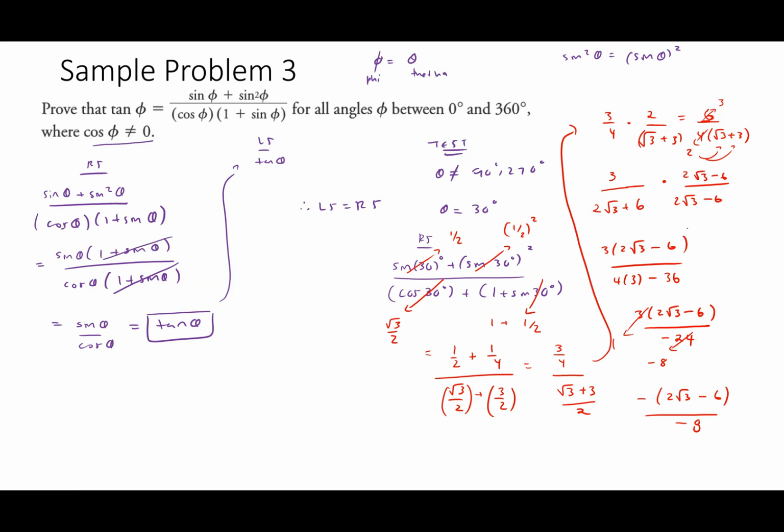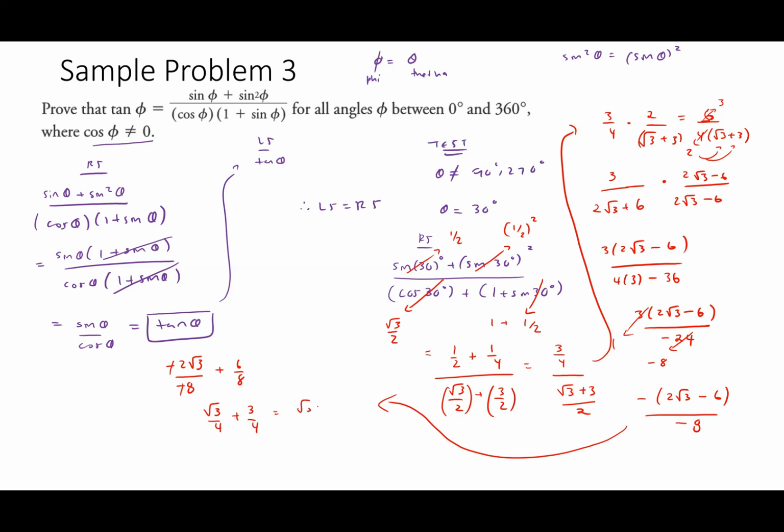Well, mistakes do happen. So I think this was 2 square root 3 minus 6. Looks good so far. Negative 8, and then we'll just continue expanding this out. We'll see if the answer gives us the same value. So this is basically this over negative 8 plus 6 over 8. And collectively, it should give us square root 3 over 4 plus 3 over 4.